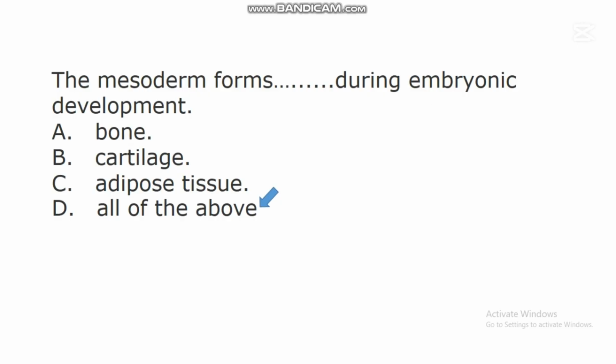This middle germ layer known as mesoderm plays a great role in forming different structures such as bone, cartilage, adipose tissue, and other structures in that embryo. So when something goes wrong in this mesoderm, there will be a problem in the development of bone, cartilage, adipose tissue, and other structures in that embryo.